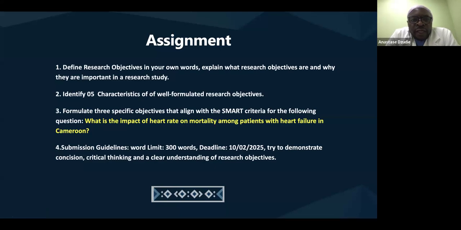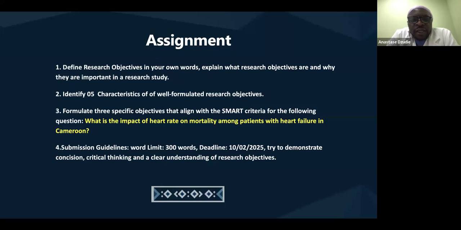And also identify 5 characteristics or 5 features of a well-formulated research objective. Then I'm sharing with you a question, and I would like you to formulate 3 specific objectives that align with the SMART criteria from this question.